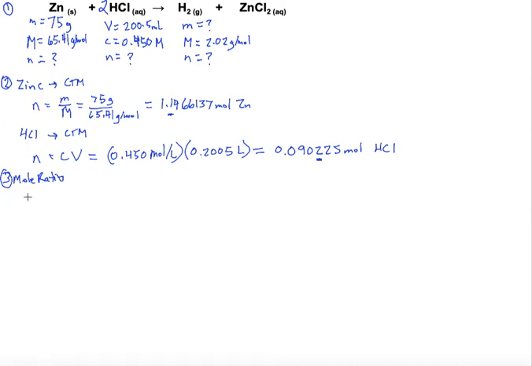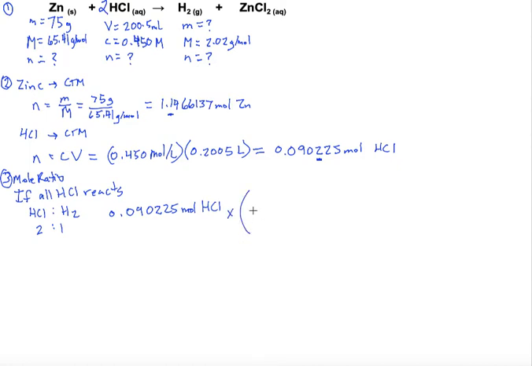So I'm going to approach it this way. I'm going to do two steps here. So if all HCl reacts, right? If we think that HCl is limiting, we can do our mole ratio, HCl to H2, which is a 2-to-1 ratio. So when I find moles, I've got 0.090225 moles HCl.